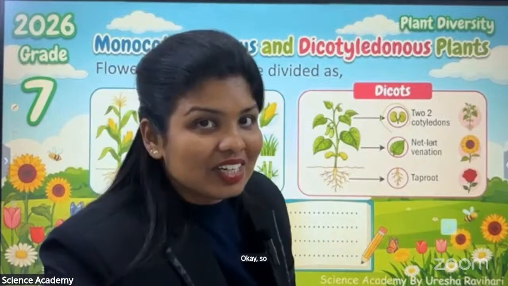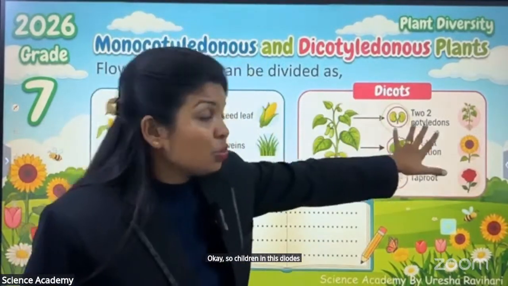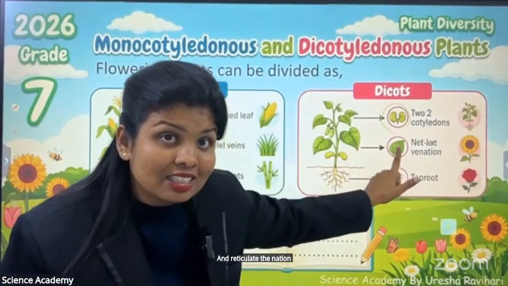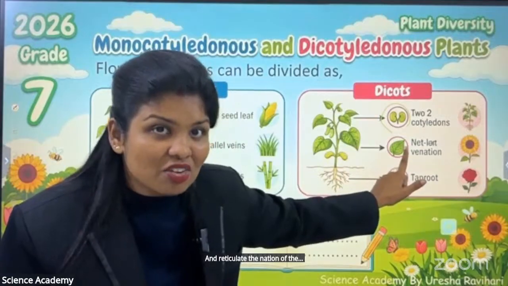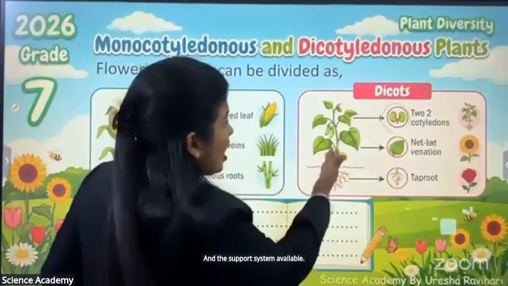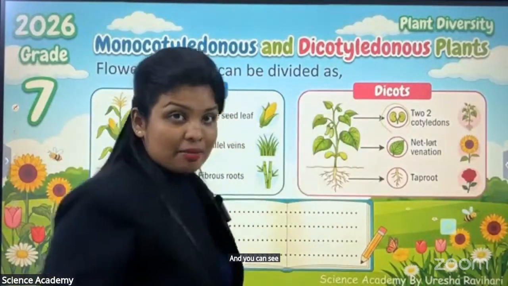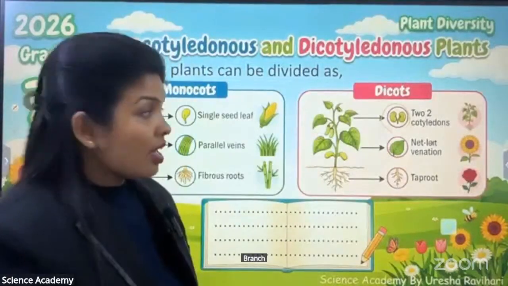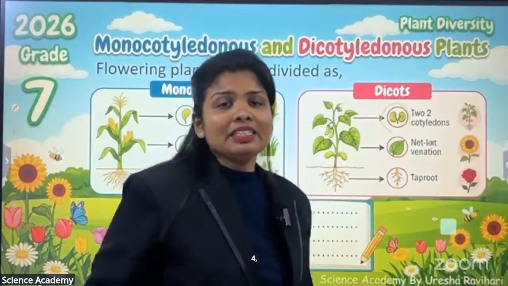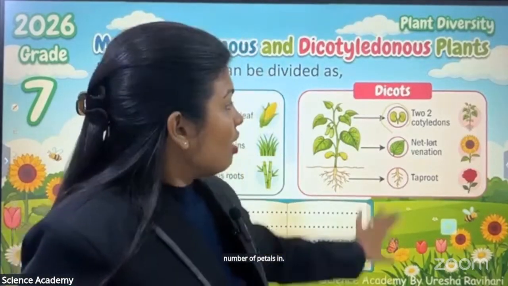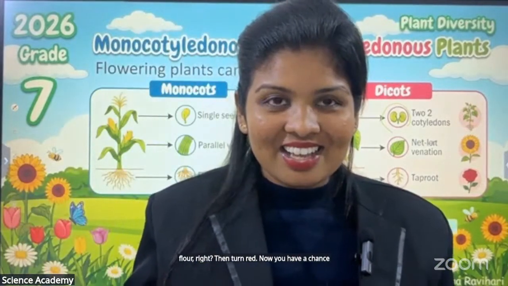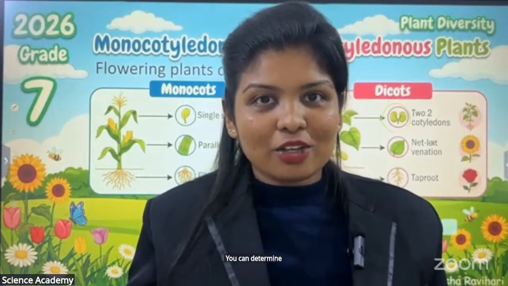So dicots bear 2 cotyledons in the seed, have reticulate venation of the leaf, a net-like structure we discussed under venation, a taproot system, a branched stem, and 4, 5 or multiple petals in the flower. Now you can determine whether a plant is a dicot or monocot.